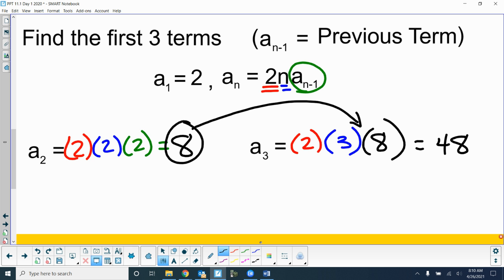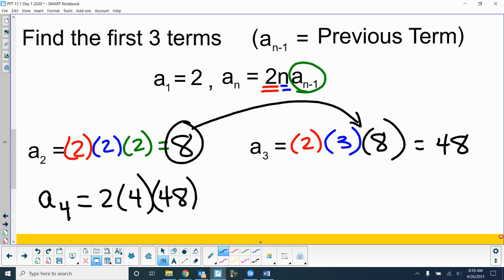What would the fourth one be? What goes first? 2. What goes next? 4. And what goes third? The 48, right? The previous term. So whatever 8 times 48 is would be the next one. What is that? 384. Thanks.